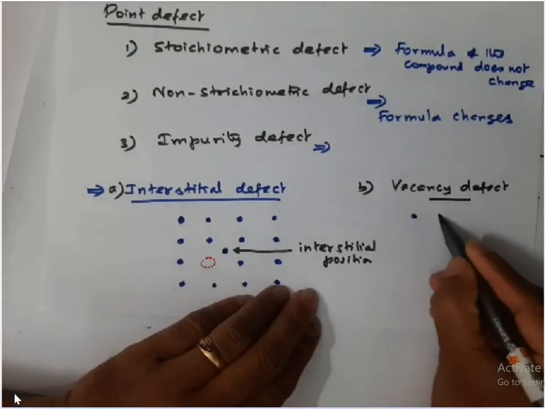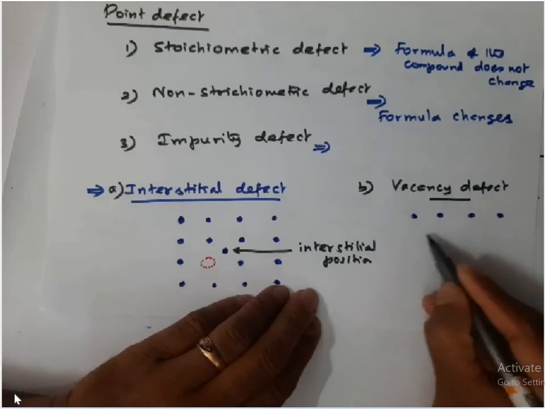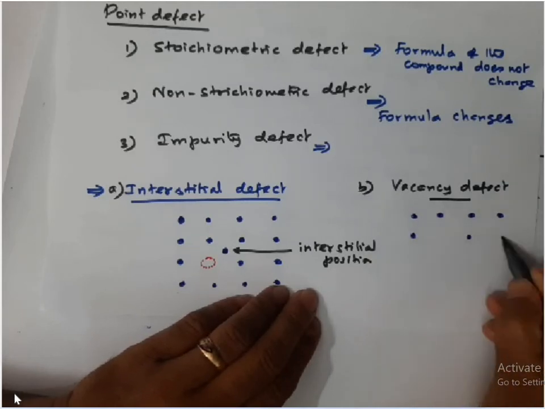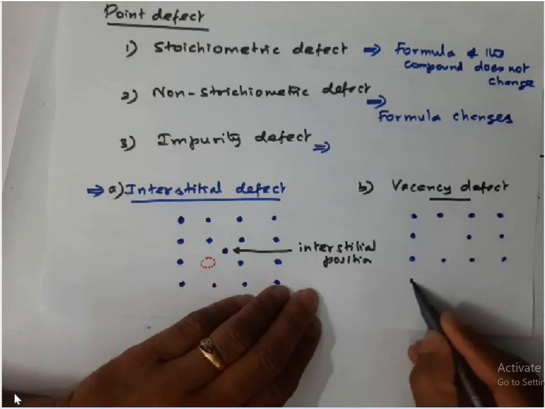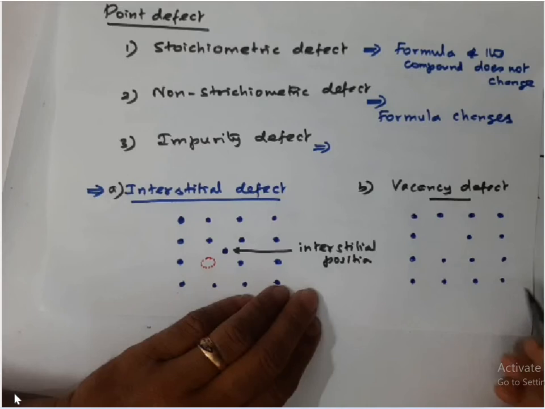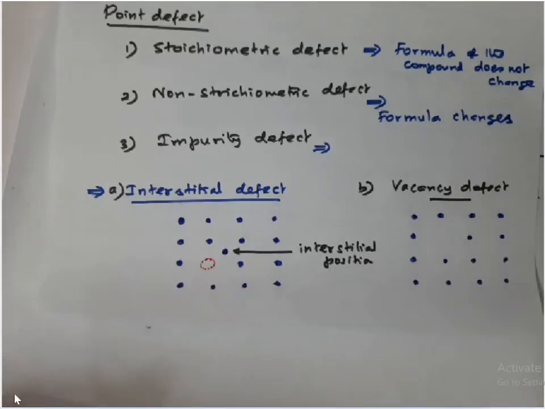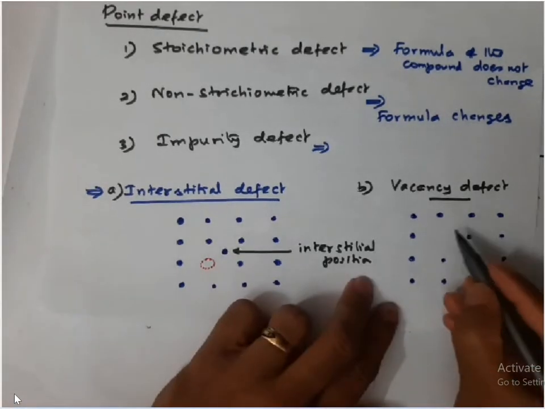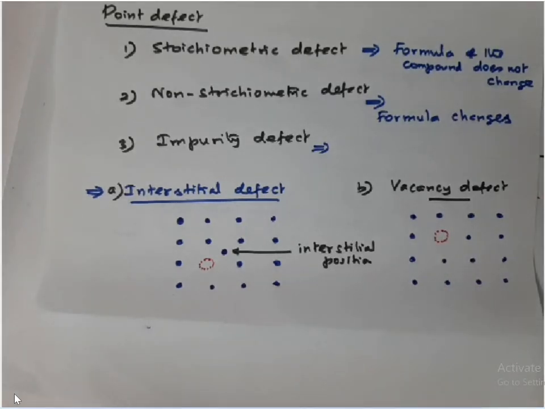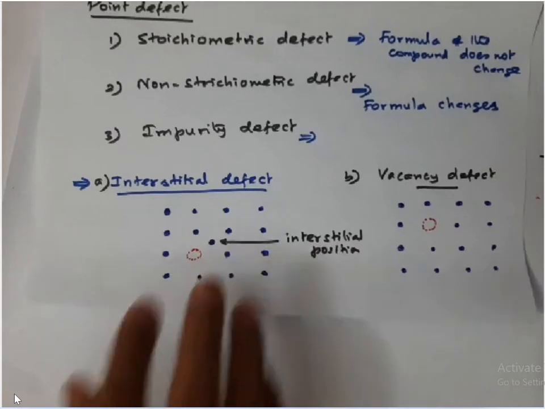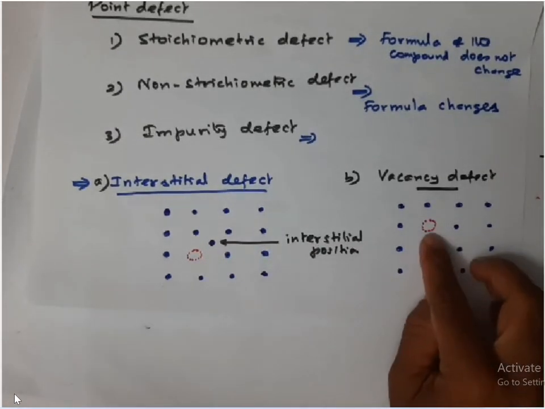Say, for example, assume that I have a crystal where the particles are occupying their actual positions. These are all positions. Now listen here. At this location, some particles are supposed to be present, but during the formation of the crystal, sometimes some positions may not be occupied by particles.